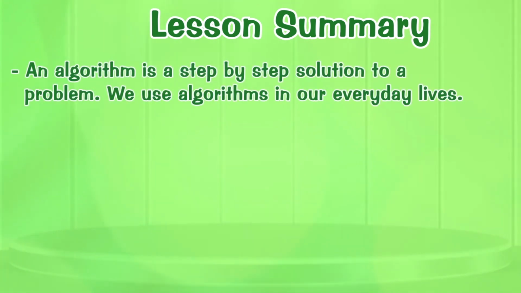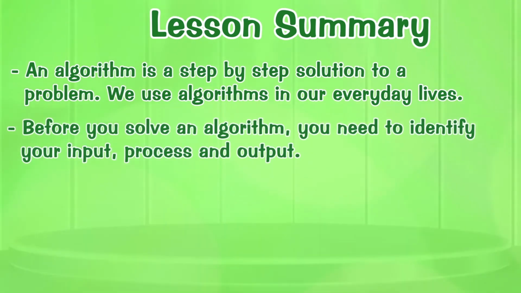Now, viewers, before we conclude our lesson, let us have a look at what we have learned about algorithms. An algorithm is a step-by-step solution to a problem. We use algorithms in our everyday lives. Before you solve a problem with an algorithm, you need to identify your input, process, and output.